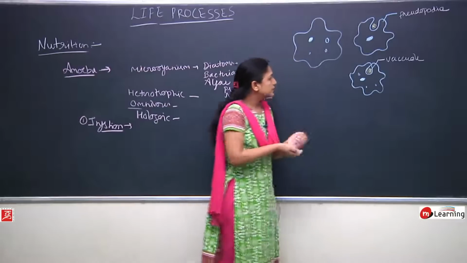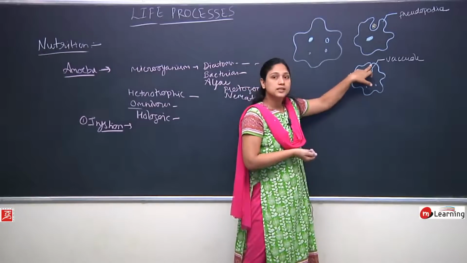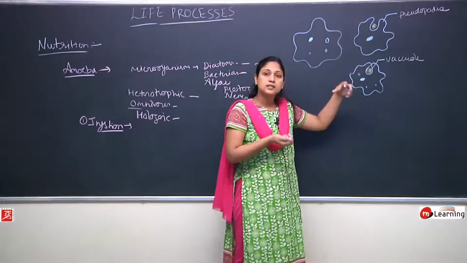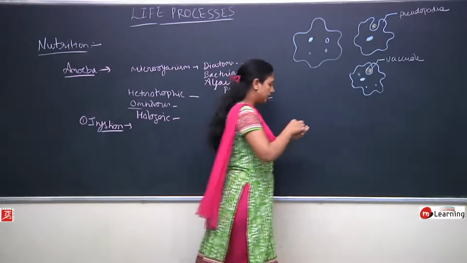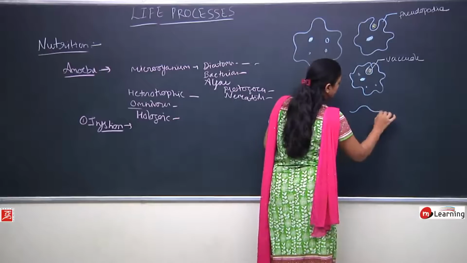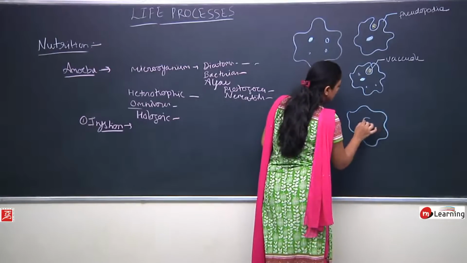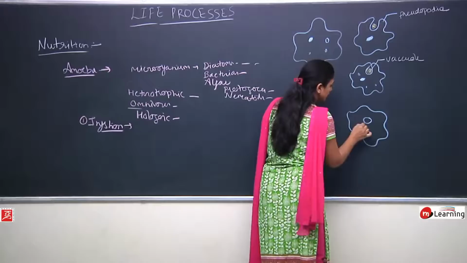Then what happens? This vacuole detaches from the cell wall, then it comes into the center. Now you can see the food vacuole came into the center.